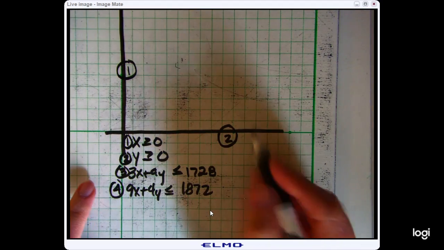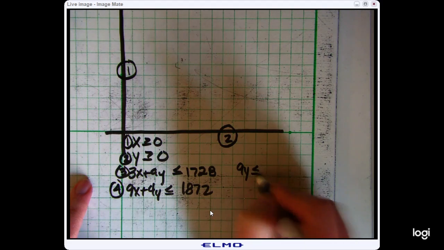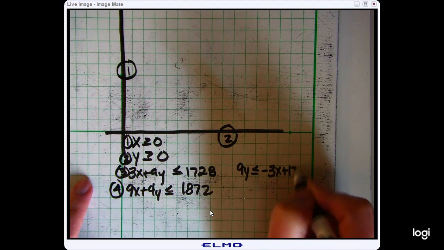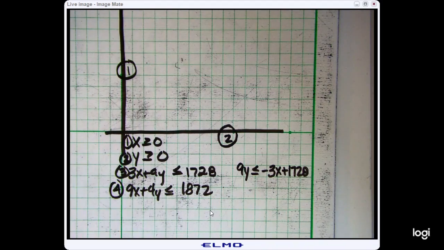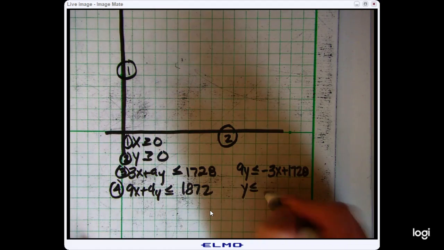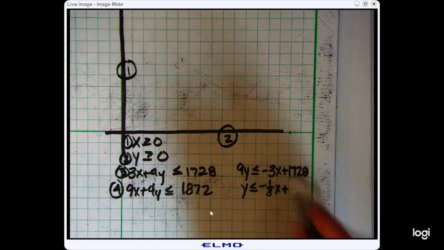Let's put it in slope-intercept form. I find that's easiest. 9y is less than or equal to negative 3x plus 1728. Divide everything by 3. Y is less than or equal to negative 1/3 x plus 1728 divided by 9, which is 192.